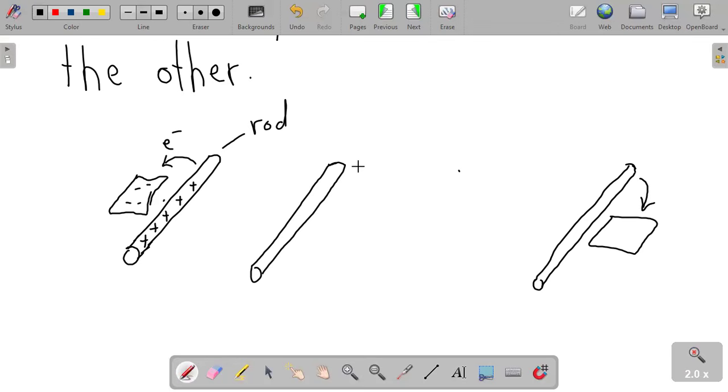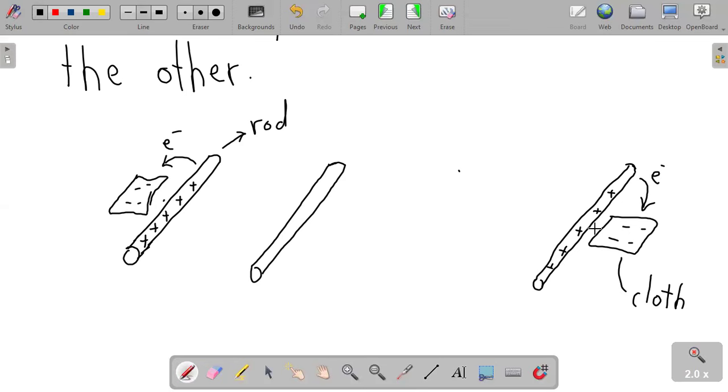So we have a cloth that we use to rub the rod here. The rod becomes positively charged and the cloth becomes negatively charged. What it means is the electrons are transferred from the rod to the cloth.